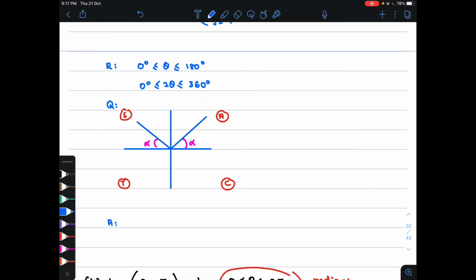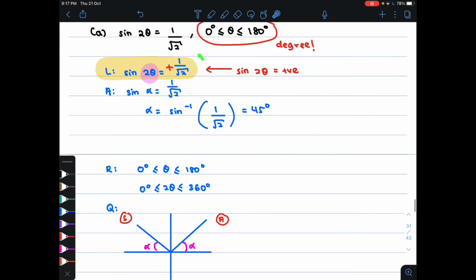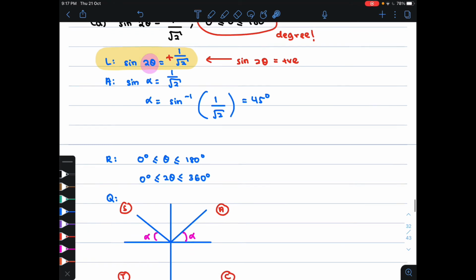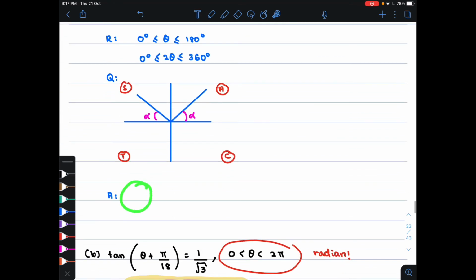And now we need to find A, which is the answer. As per usual, always refer back to our linear form. So look here, we have 2 theta. Therefore, here should be 2 theta as well. So we need to find 2 theta.